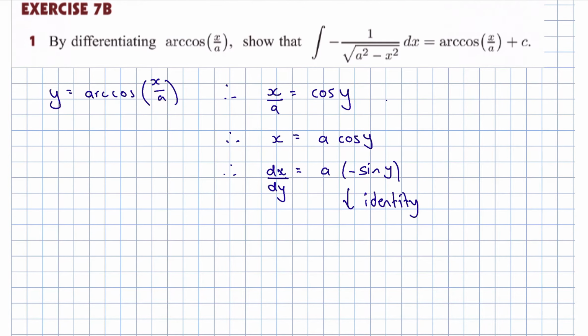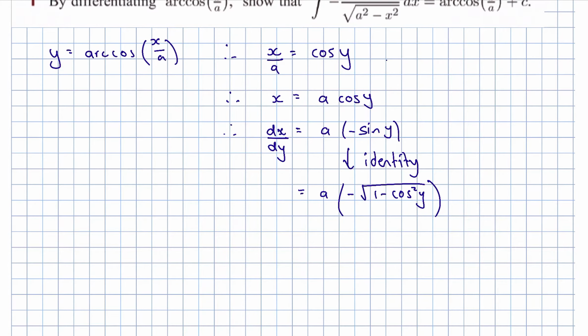We'll leave that a out the front, but we're going to change that to be the negative square root. Okay, so the negative is still just this negative here. All we're changing is the sine of y. The square root, because the identity we use is saying the sine squared of y is equal to 1 take cosine squared y. So we're just changing its form using that identity.